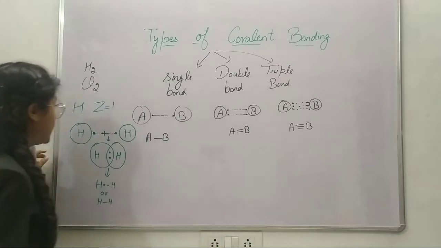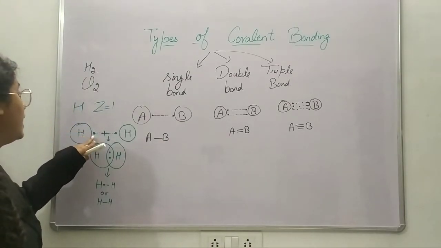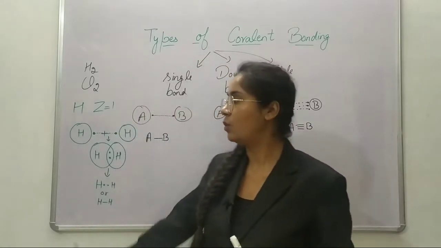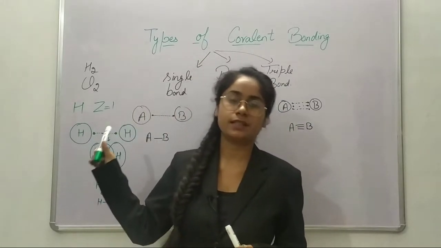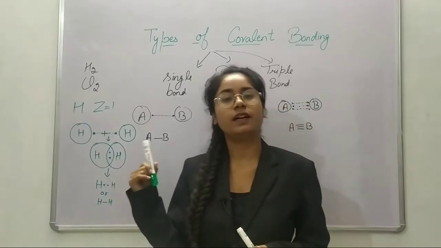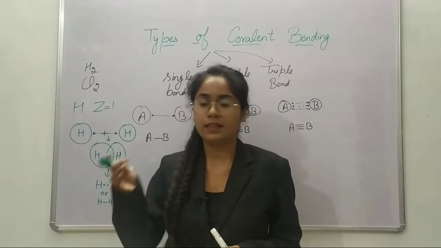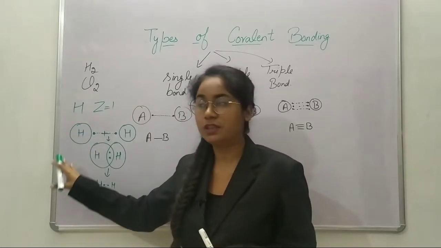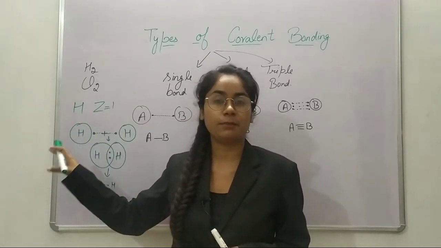Since you can see the hydrogen had the valency of 1, it had only one shell, which is its outermost shell, and only one electron is present there. Also, this outermost shell is the first shell for electrons. Only 2 electrons can be present in it.